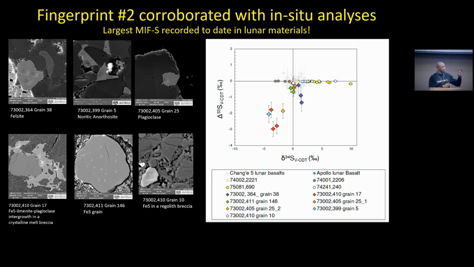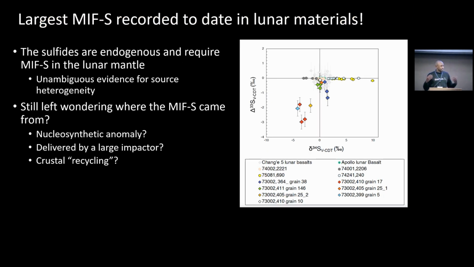And so we analyzed individual sulfides from regolith particles from 73002, and we targeted regolith particles that were associated with lithologies that would suggest that these sulfides are endogenous. What we find is that some of the sulfides have the largest mass-independent fractionation signatures ever recorded in lunar materials. And so this is ultimately unambiguous evidence for source heterogeneity in the lunar mantle.